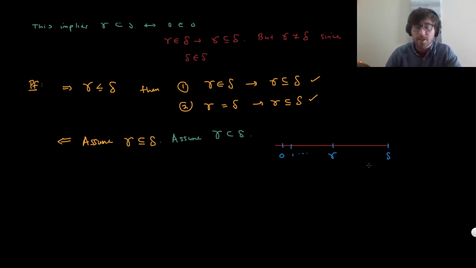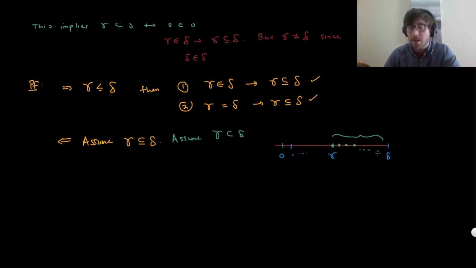And why would we know this? It's because delta is not going to be equal to gamma. And if these two things are not the same, we can look at all the ordinals that come either at gamma or after it. So in other words, what we're going to do is consider the set of all these green dots.